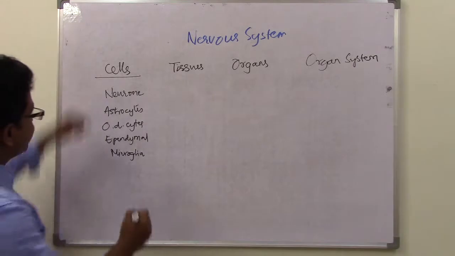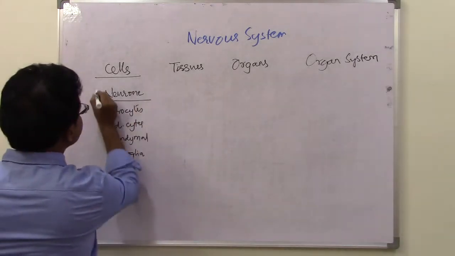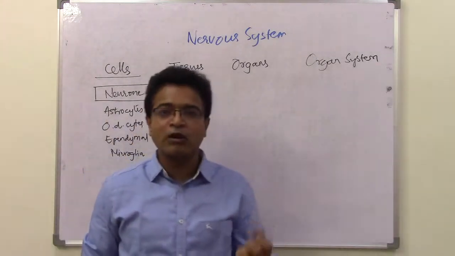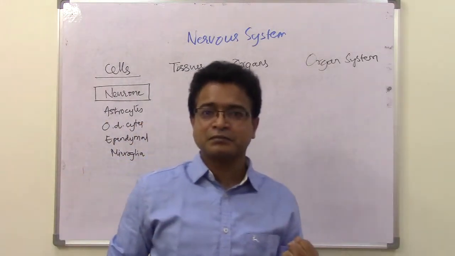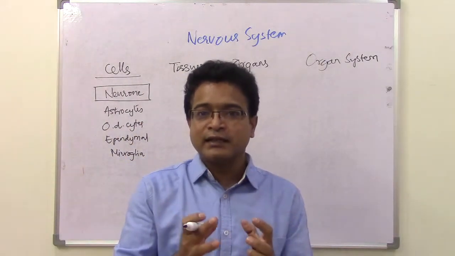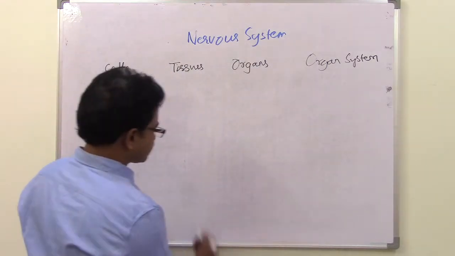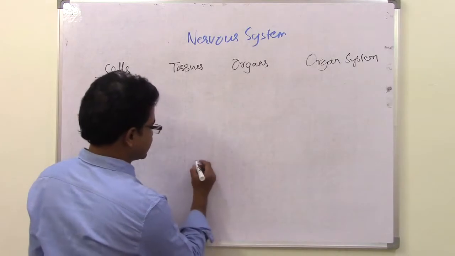Out of all these cells, neurons are the basic functional units that do the job of receiving information, processing it, and sending out a command. So essentially, what kind of information?